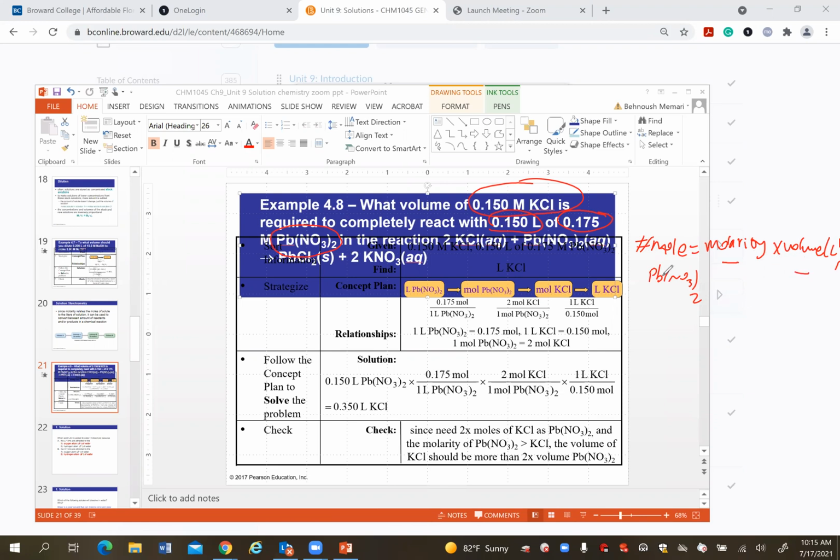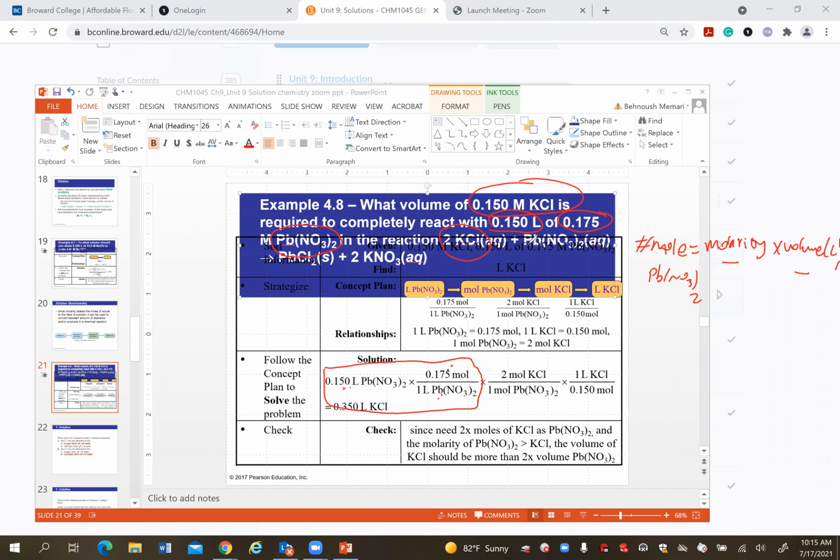Okay. So number of moles for lead nitrate is going to be volume times the molarity. That gives the number of moles of the lead nitrate only. So when I have number of moles for lead nitrate, then I need to find moles of KCl.